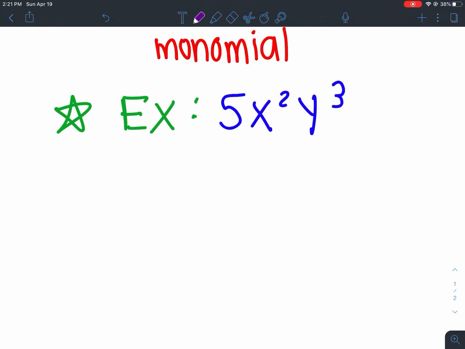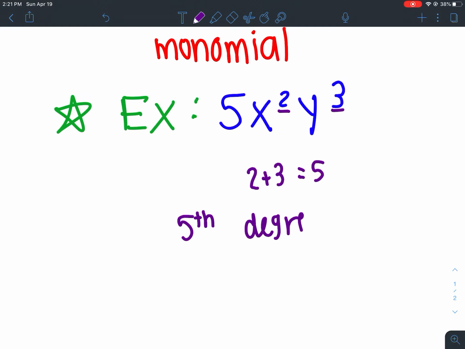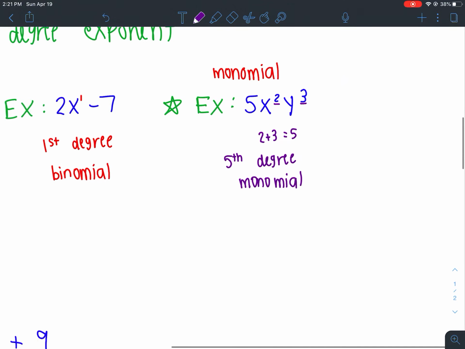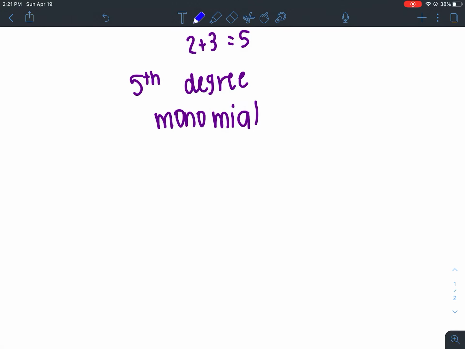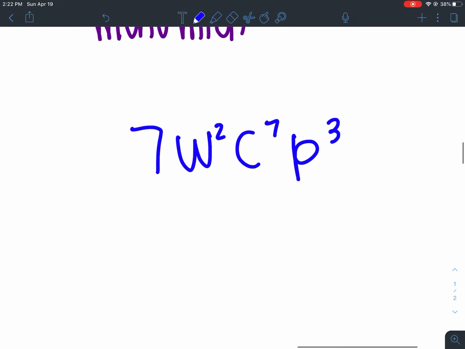So the exponents that I see are 2 and 3. So 2 plus 3 is 5. So this is a 5th degree monomial. I'll go ahead and create another example so that we have another reference here. Let's do 7w squared c to the 7th p to the third. Now this is a monomial, right?